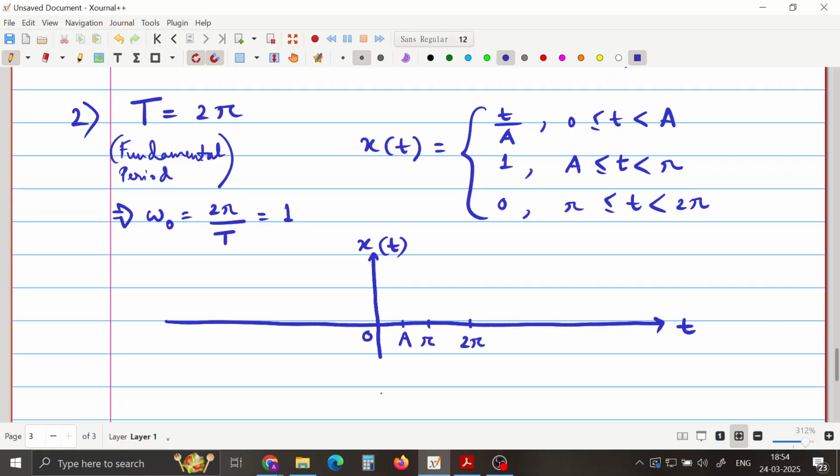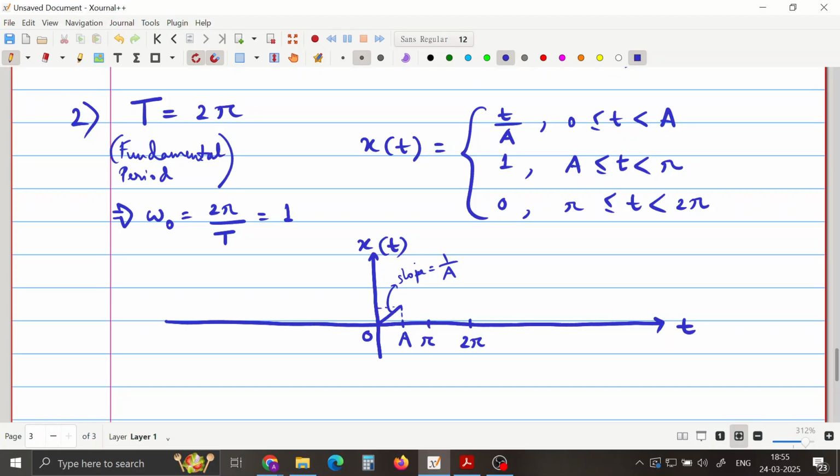From 0 to A, x of t has the form t by capital A. So it is basically a straight line with slope 1 divided by capital A. The form is t by capital A, so the slope is 1 by capital A. At t equals capital A, what is the value of x of t?